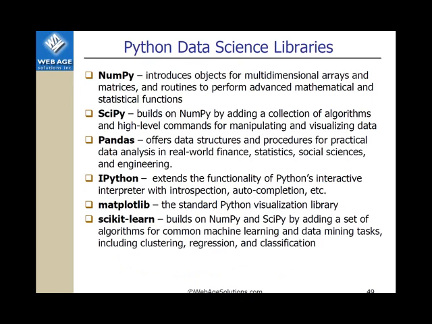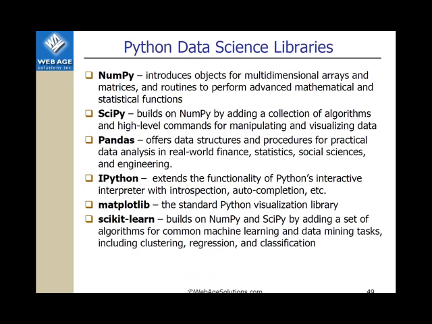So for example, NumPy is a module written in C, which allows you to dramatically improve the speed of data processing, and gives you everything that you can find in R, like multidimensional arrays, matrices, and routines.